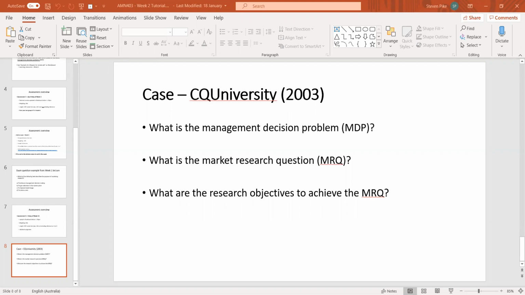A second objective, I've presented 3 examples here. For your assessments, you're only required to have 2. So to identify how the campus is perceived to perform on those attributes. So we develop a list of salient attributes, so features of higher education. And then we develop a questionnaire and ask year 12 students, our sample target market, to measure how CQU is perceived to perform, and then how key competitors are perceived to perform on those same attributes.